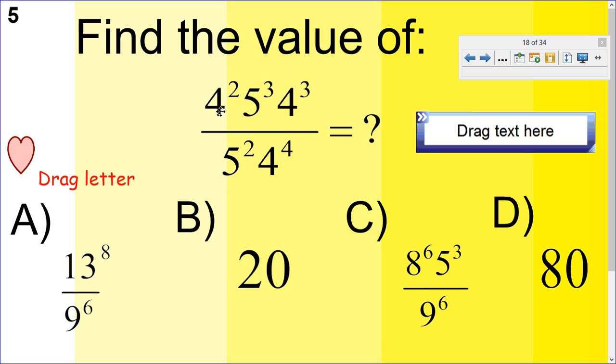I would get together my 4s, I would put those together, 4 to the third and 4 to the second, I get those together and see what that is. And I notice it's being divided by 4 to the fourth power. So I would see what that is. Then I got 5 to the third power over 5 to the second power. So you remember what happens when you have this division sign.